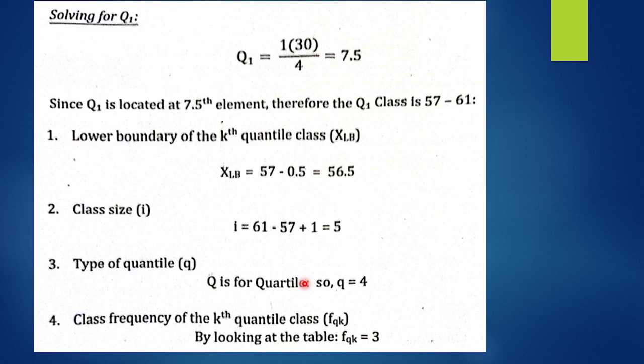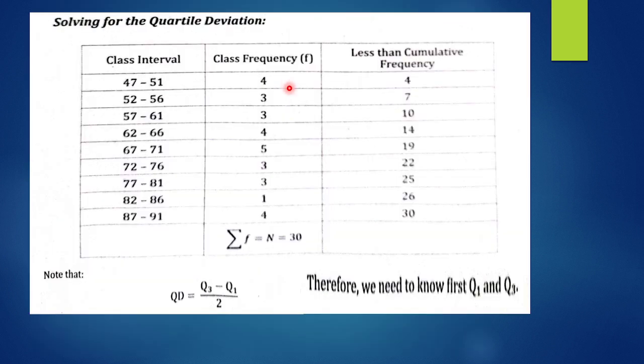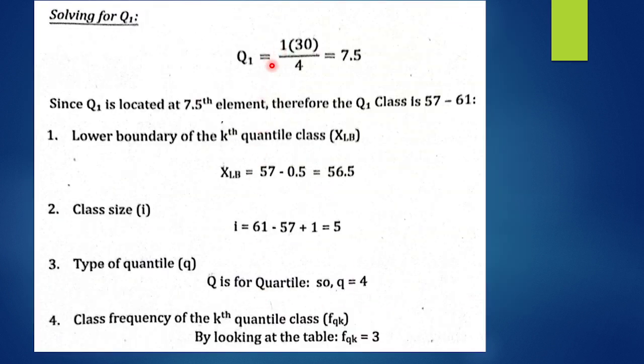Next, solving for Q1. These are the steps. Since Q1 is located at the 7.5th element, we take 1 multiplied by 30 and then over 4. This is the formula in getting Q1: the x here multiplied by n all over how many quarters we have.